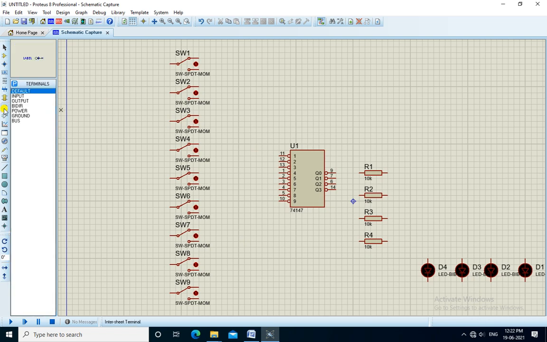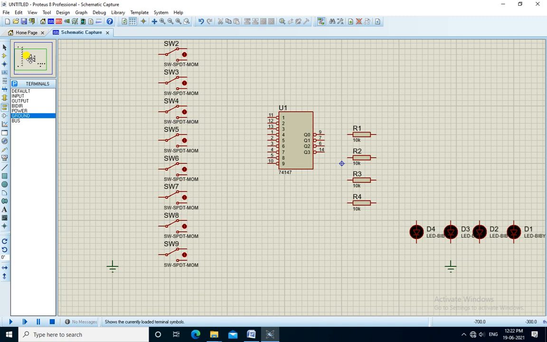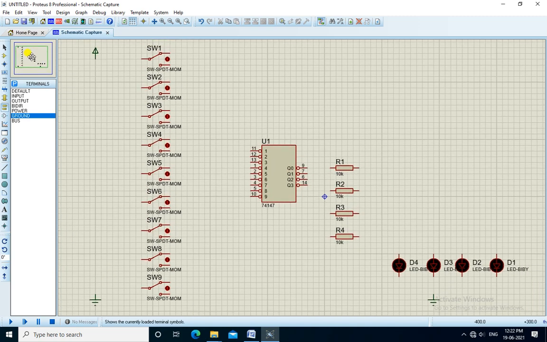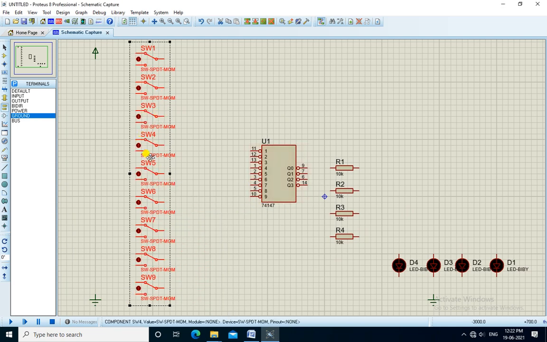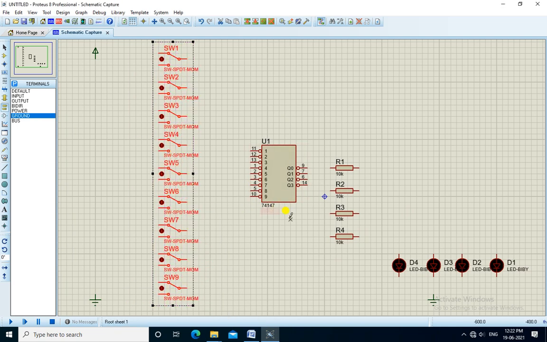Now we need power supply, that is plus VCC, and ground. We flip the switches. Okay, now we will connect all the components. Start from switches.